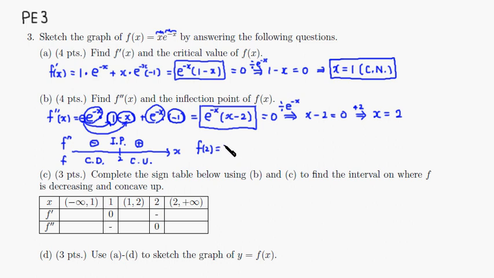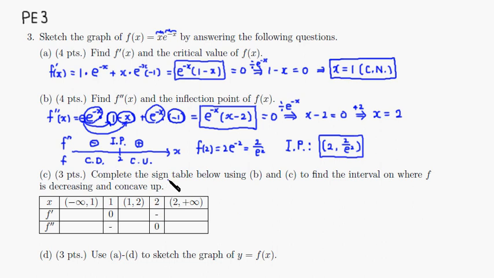We get 2 times e to the negative 2, which is 2 over e squared. So the inflection point we were looking for is at (2, 2 over e squared).